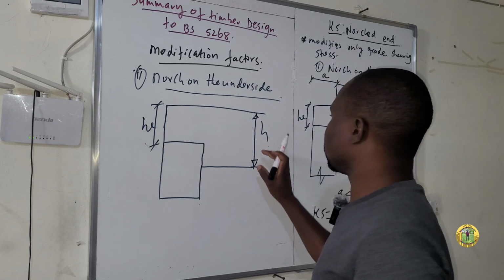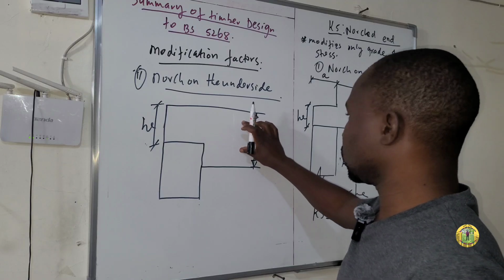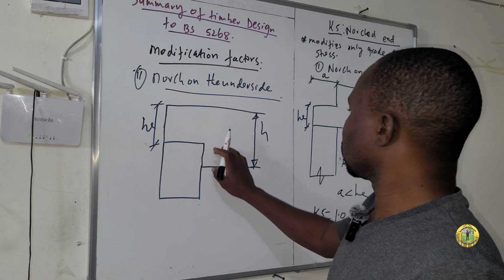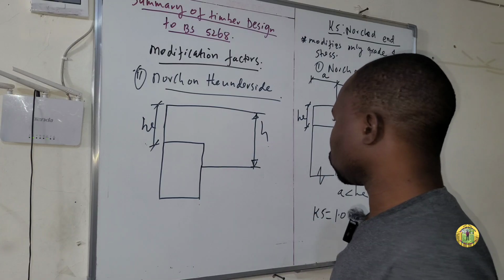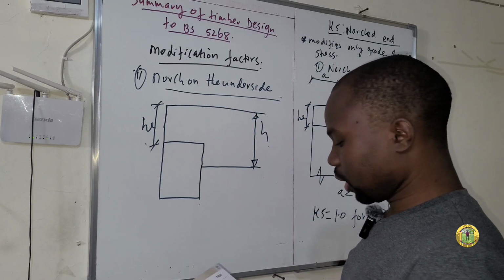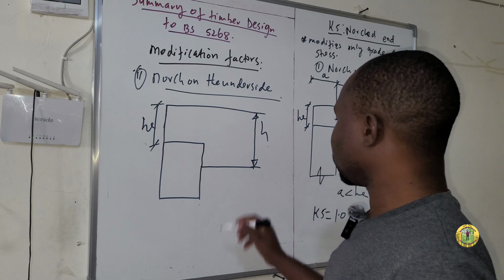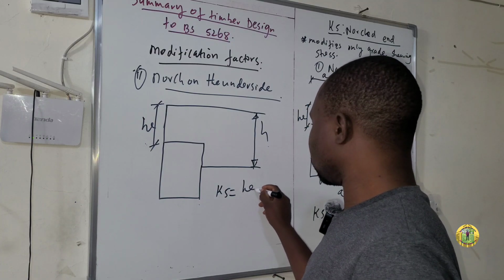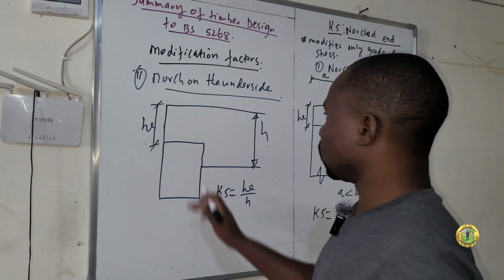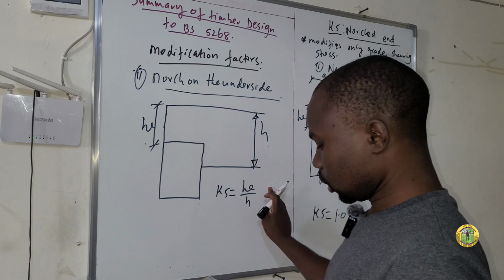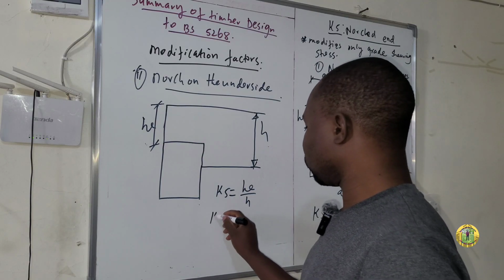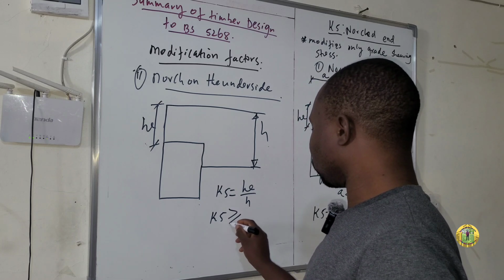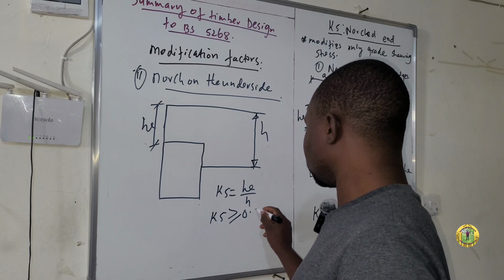As you can see, this is a timber joist, and it has been notched on the underside of this section. So K5 will be given by this formula: K5 is equal to HE all over H. And this K5 must be greater than or equal to 0.5.